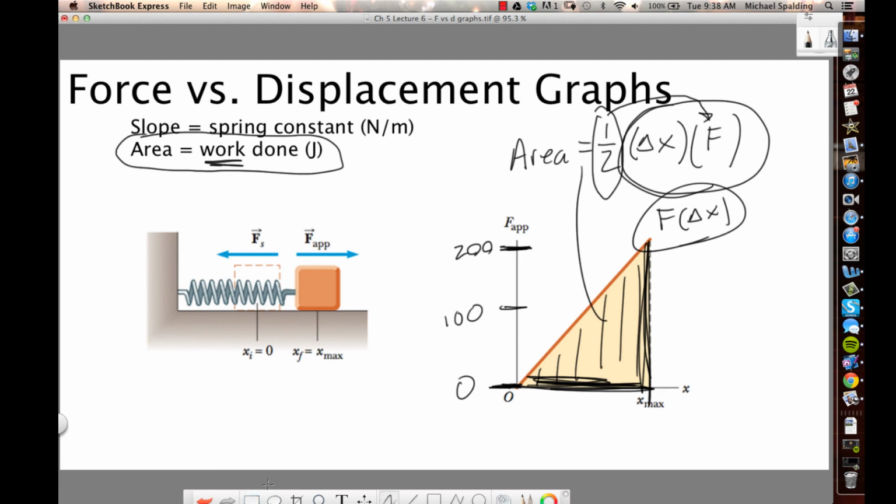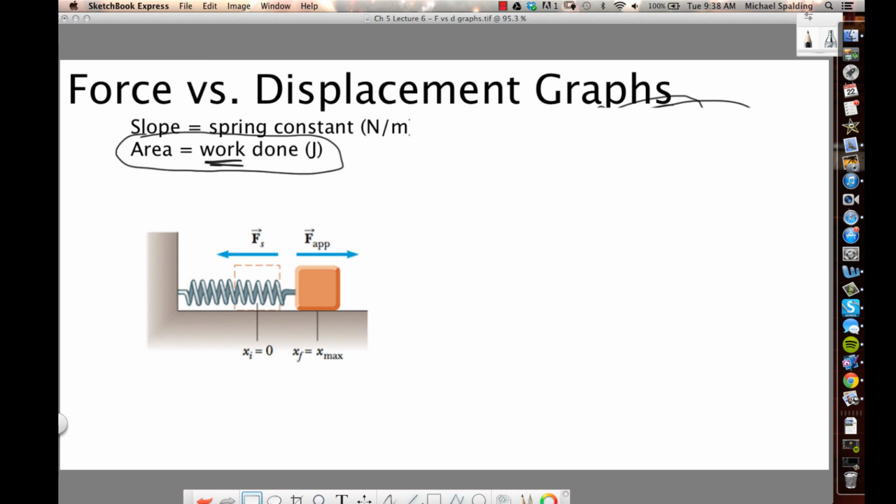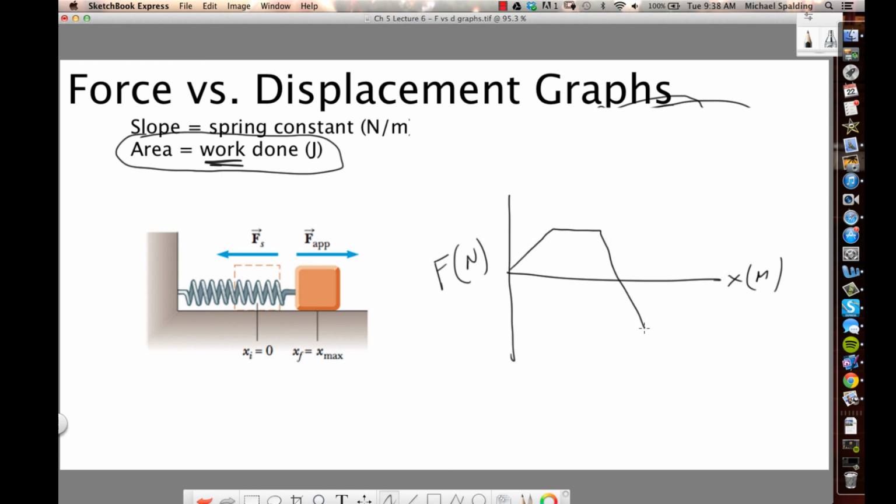And then I promise, final thought, final. I know this is a long lecture. Be aware that you could have problems where you got force like this, like that, and the graph goes like boom, boom, like that. So look, what's going on here? This would be positive work.